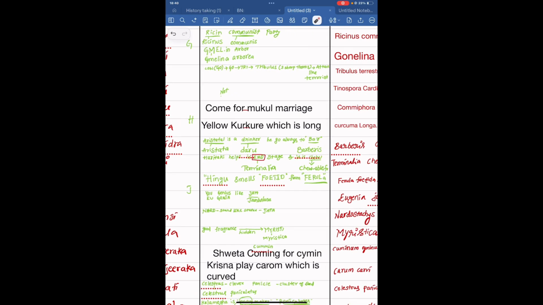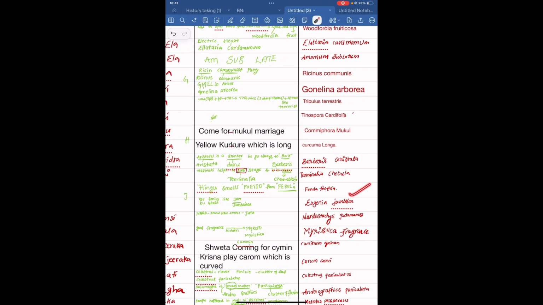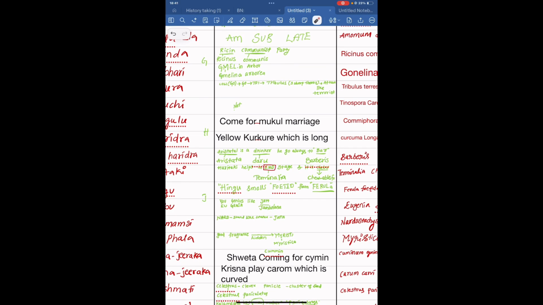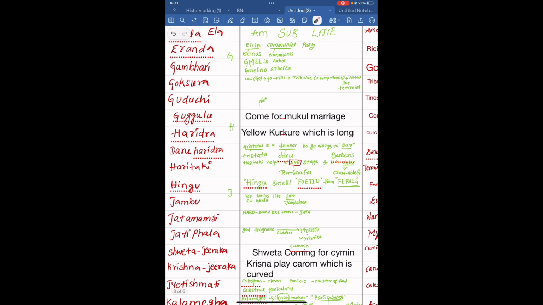So the botanical name is Eugenia jambolana. Here you need to concentrate on jam and then Eugenius. Eugenius like a jam: U gives Eu, genius gives genia, jam is jambolana. You need to decode everything by this trick, so you are never going to forget. Don't learn things by heart.